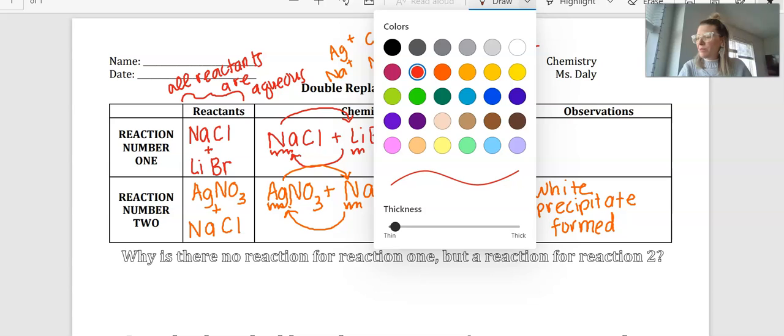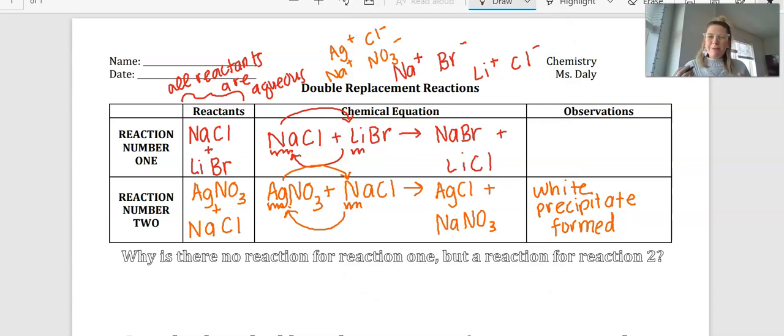It's sad that I couldn't do the reaction that I wanted to with you guys, but it's not that unfortunate because if I were to complete sodium chloride plus lithium bromide for you, there would be no evidence of chemical reaction. So our main focus for today is going to be to discuss why there are sometimes double replacement reactions, but not other times. Or why was there no reaction for the first reaction, but there was a reaction for the second?